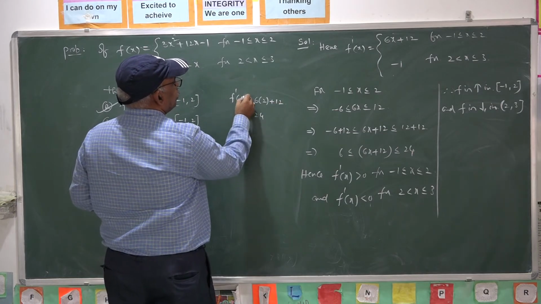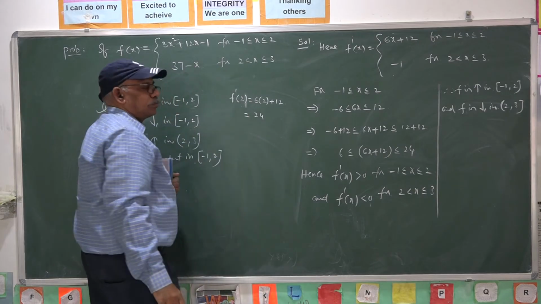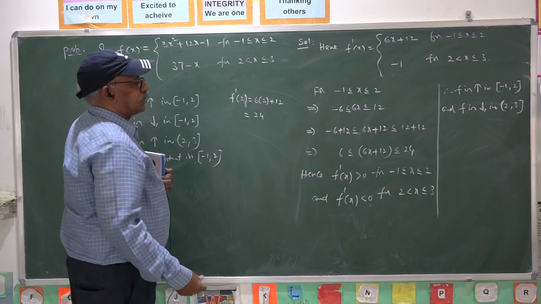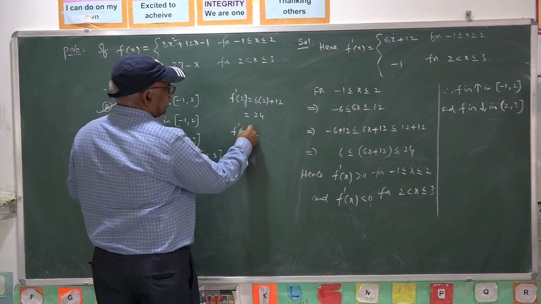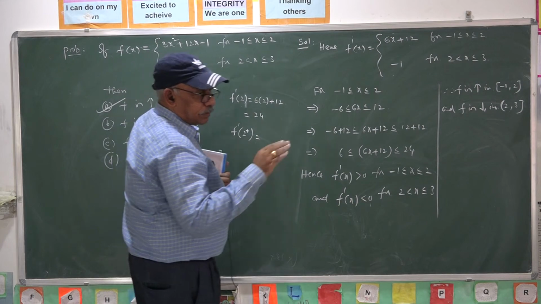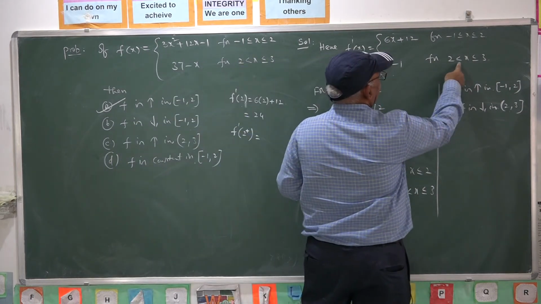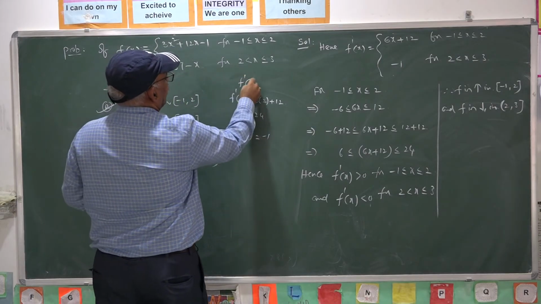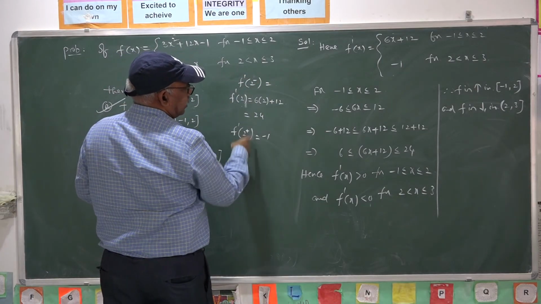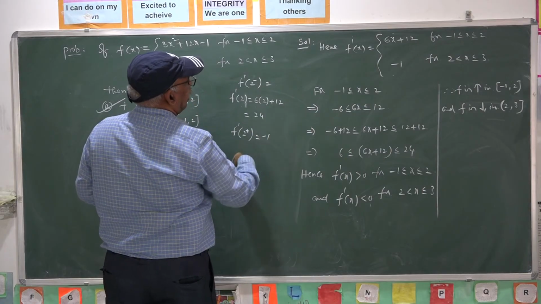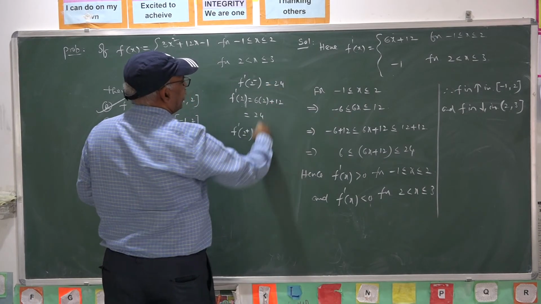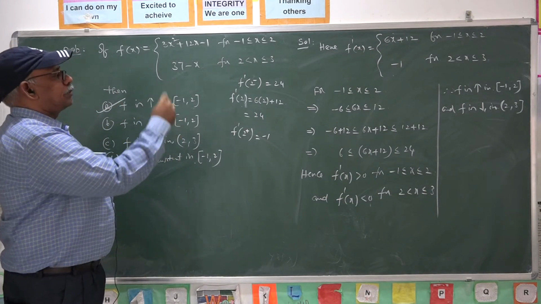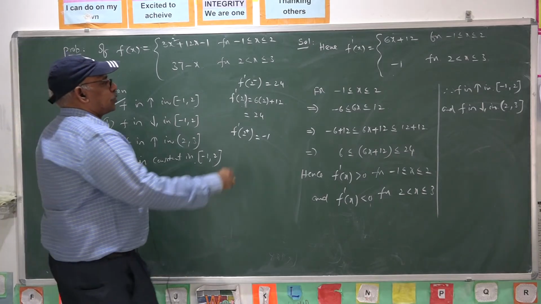Whereas f dash of 2 plus, which means the right derivative at 2, is -1. The left derivative at 2 is 24 itself, because for x less than 2 the derivative is the same. These two are not equal.